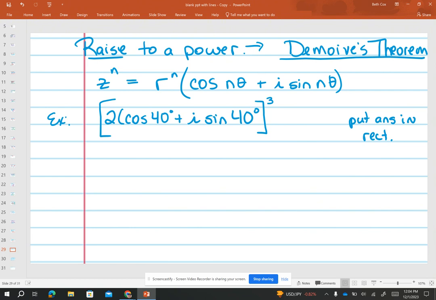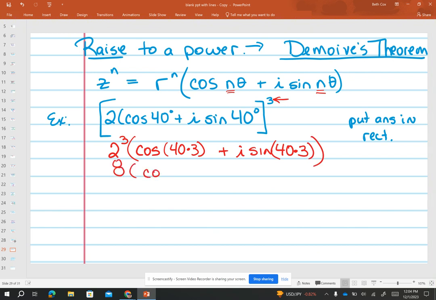I want to raise this one to the third power, so I'm going to do 2 to the third power, and then I'm going to multiply 40 times 3, so that would be cosine of 40 times 3 plus i sine of 40 times 3. Okay, so that's going to give me an 8, that would be cosine 120 plus i sine 120. And this is the polar answer.